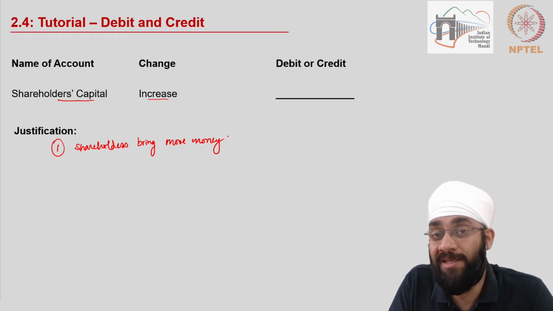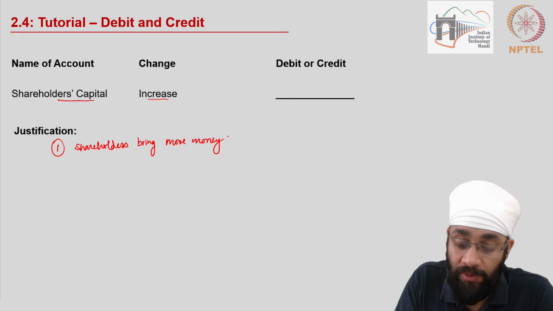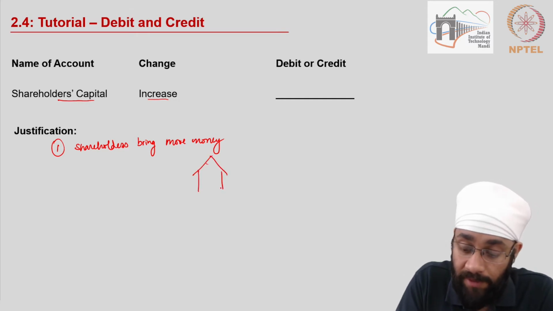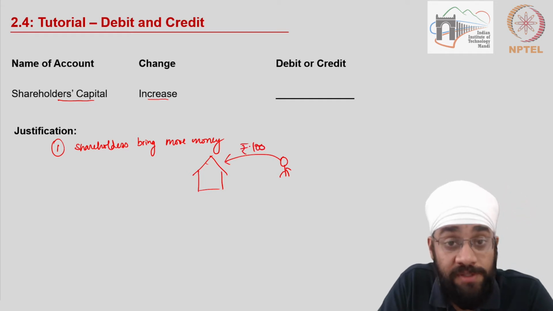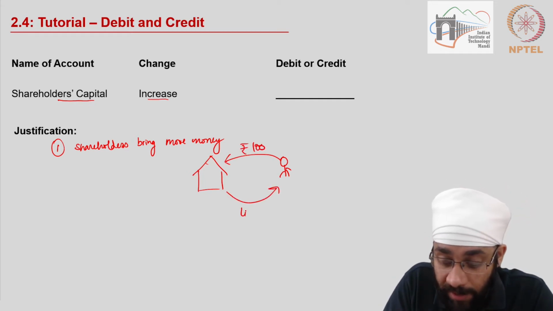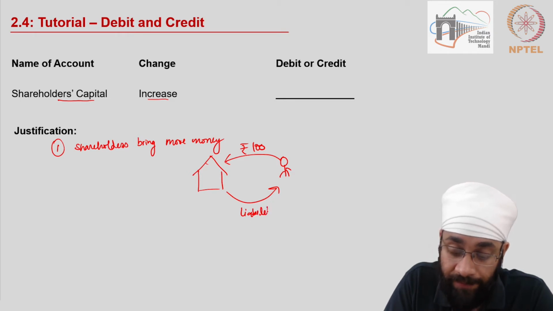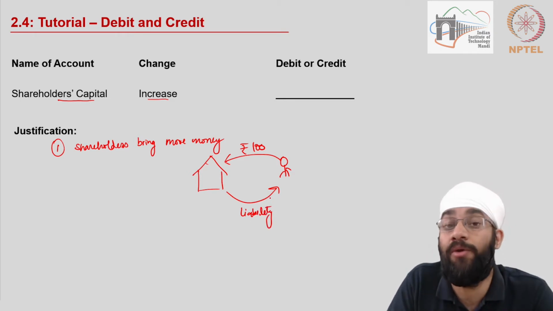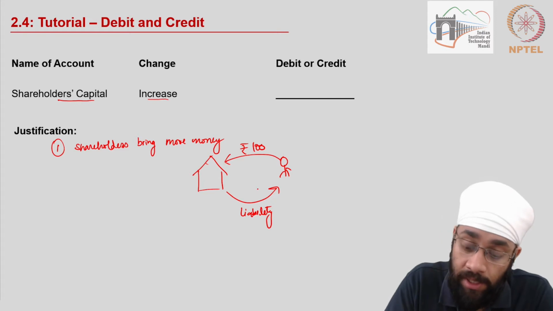What is happening is the business's claims are going down. If you remember, this is the shareholder. Shareholder brings in a new 100 rupees into the business. Now there is a new liability that has been created. The business owes this money back to the owner at whatever point it is due, equal to 100.